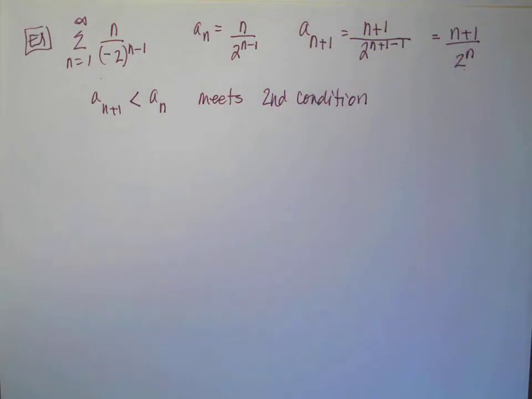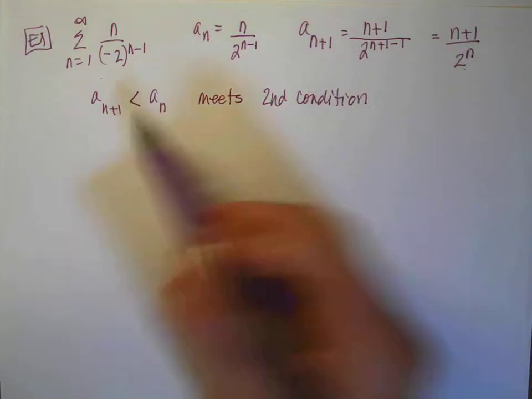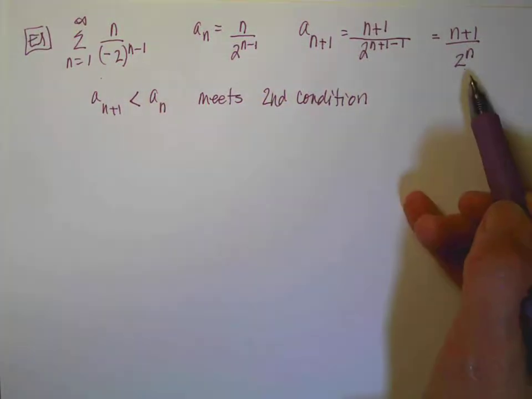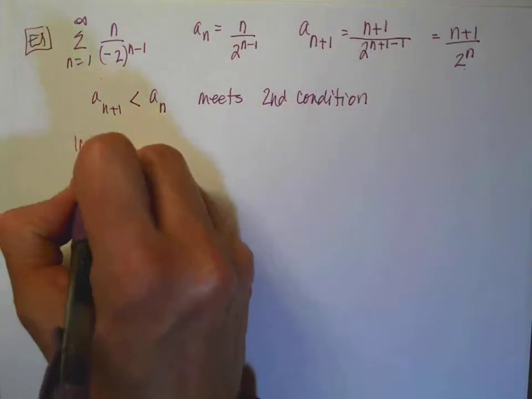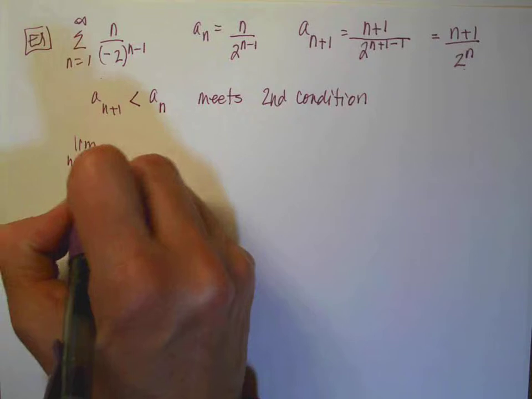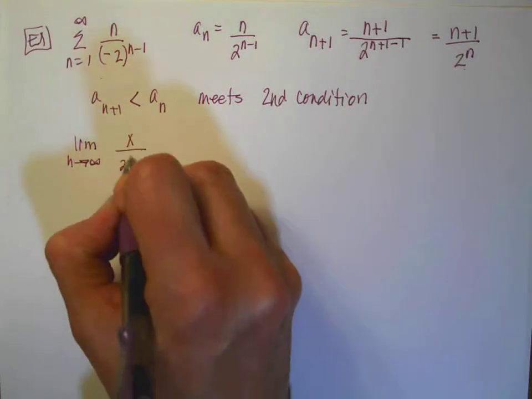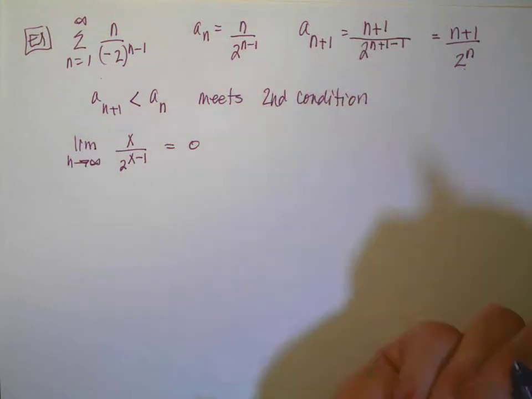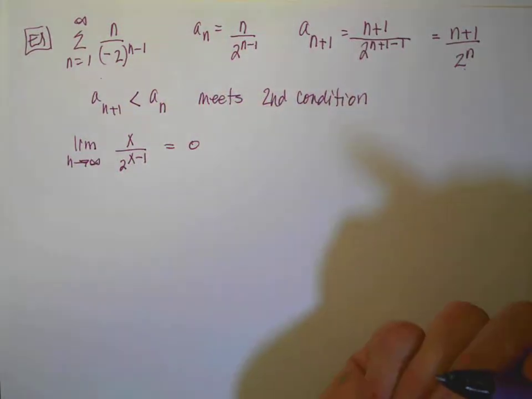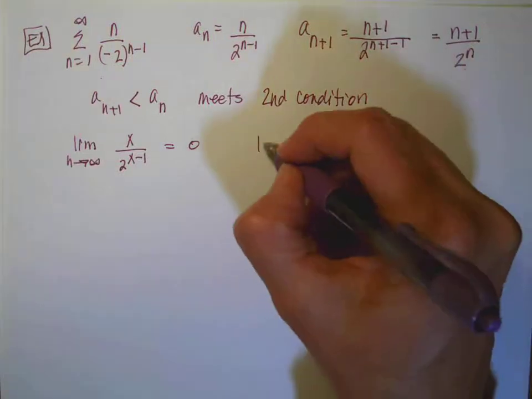I don't know that if you were doing this on an FRQ that you would actually have to write this statement, but you could show this. And if you have this, then everybody understands what you're trying to prove. And then if I took the limit as n approaches infinity of x over 2^(x-1), well, this is going to approach 0 because the denominator is growing faster than the numerator.